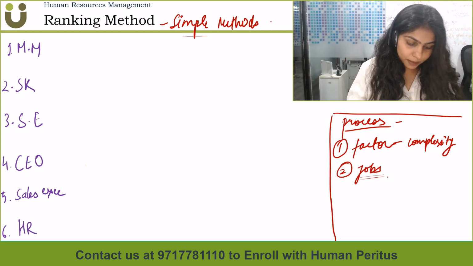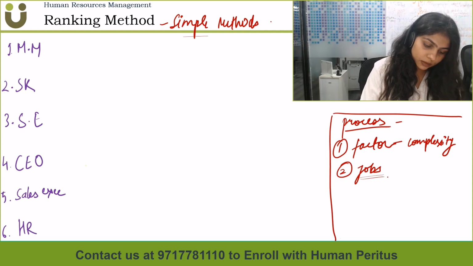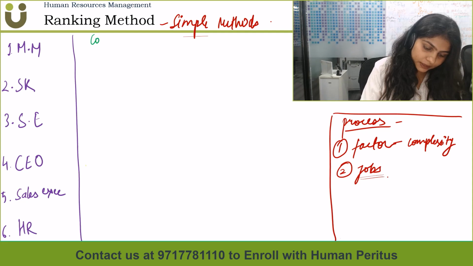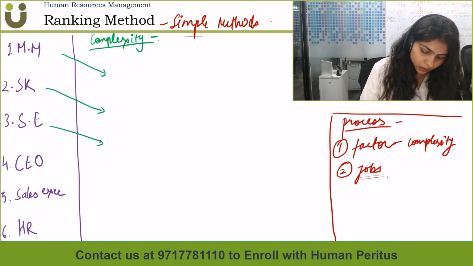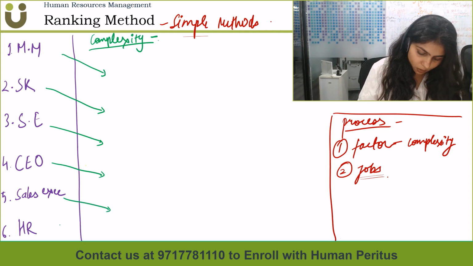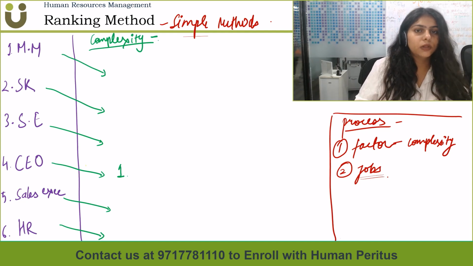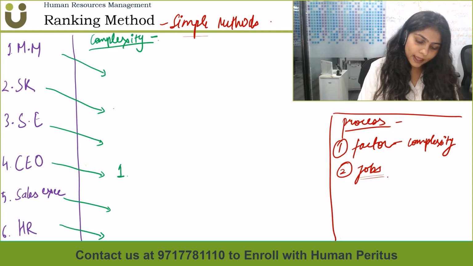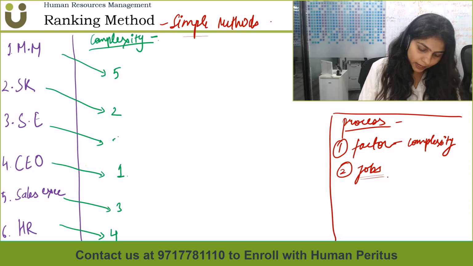Now, on the basis of complexity, I am going to assign them a rank. I think the first rank on the basis of complexity should go to the CEO, and so on and so forth, I will be ranking jobs.